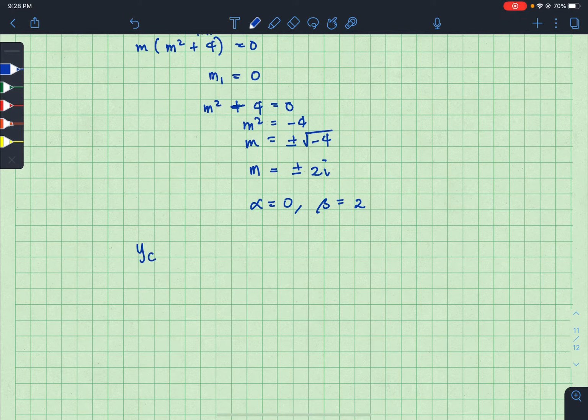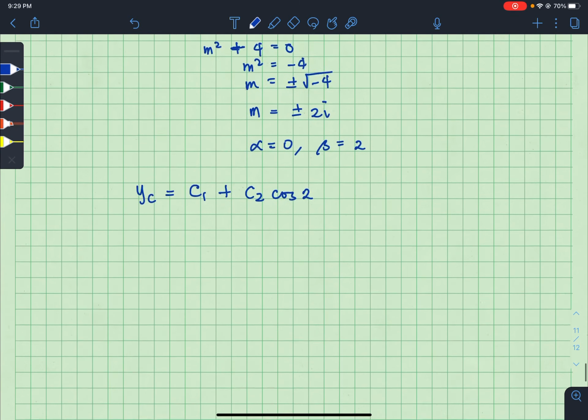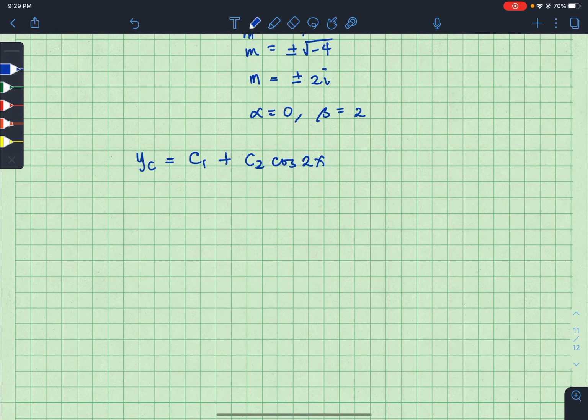Our y sub c then would be c1 e raised to 0x, which is just 1, so c1, plus c2 cosine 2x, since we don't have an exponential function, then plus c3 sine 2x.